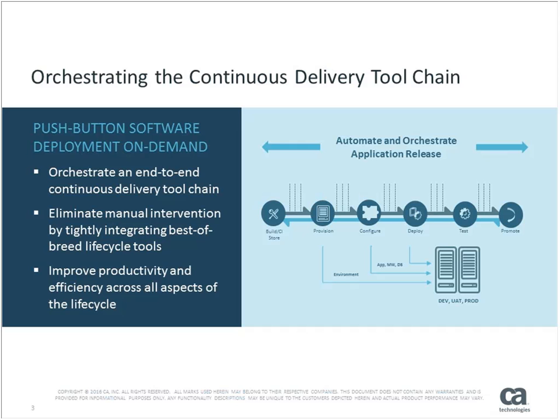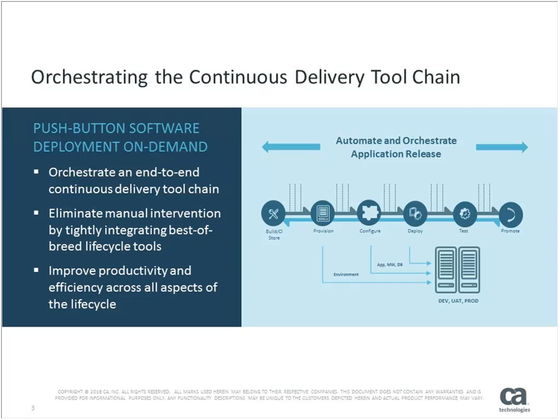Before we start, we need to talk a little bit about orchestration of the continuous delivery tool chain, and how you can go about doing push-button software deployment, taking it from end to end. What shared components help you with is creating generic components that can be made part of the different applications you are working on.